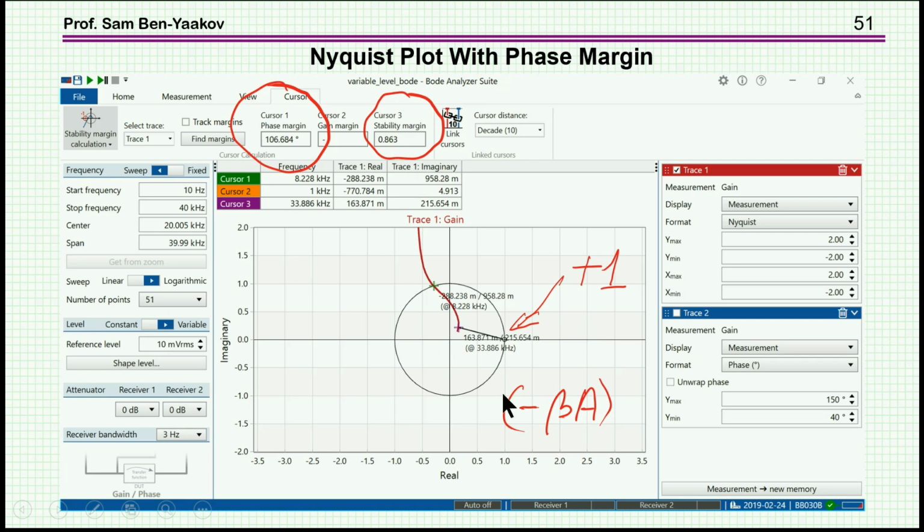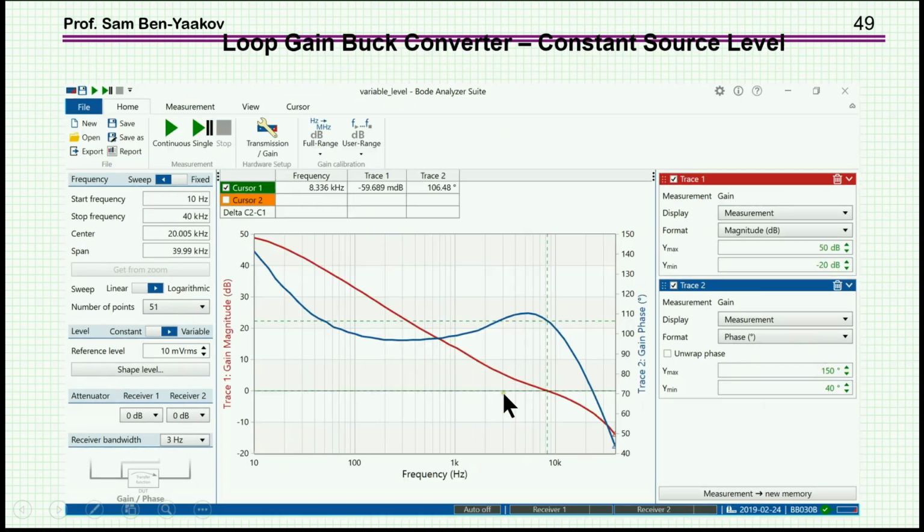So this is what you get with the analyzer, and in this case you can rest assured that we are in good shape. I also didn't mention that it shows the bandwidth of this converter is about 8 kilohertz. So we have an 8 kilohertz bandwidth, and the phase margin is nice. So in fact, the dynamics of this system is pretty good the way it is.